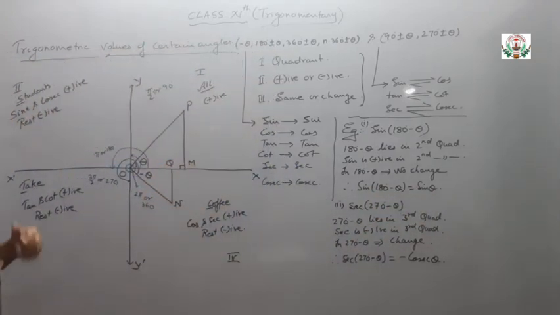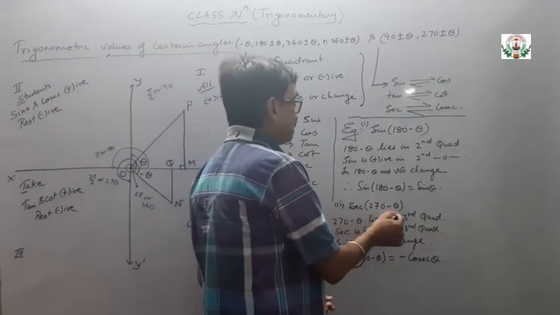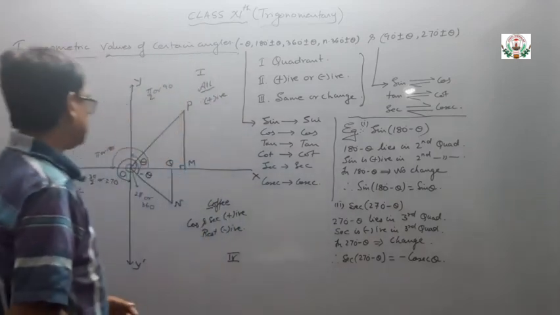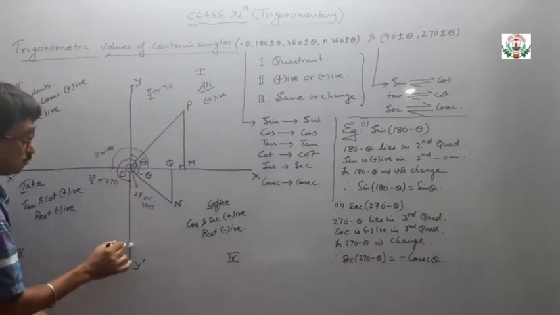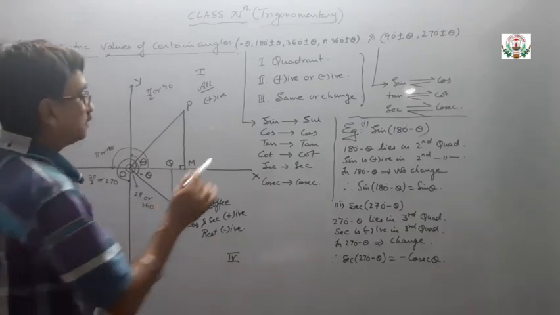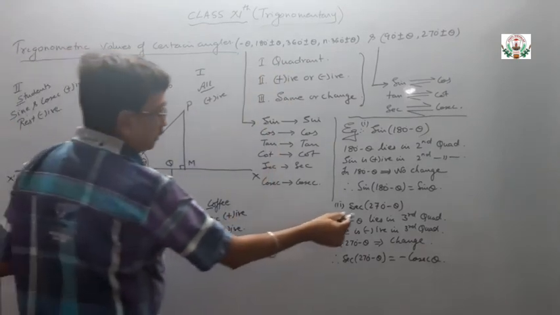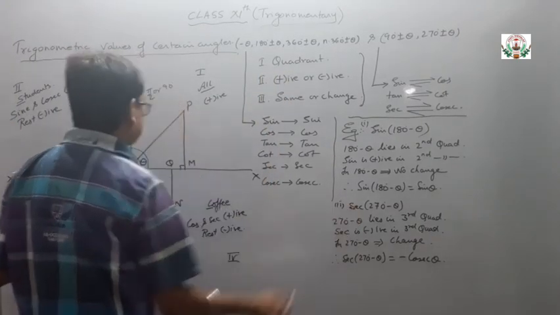Clear? Now the second example, sec 270 minus theta. What is the angle of sec? 270 minus theta. So 270 up to here, minus theta. It means reverse. It lies in the third quadrant. Now in the third quadrant, which trigonometrical ratio is asked in the question? Sec.